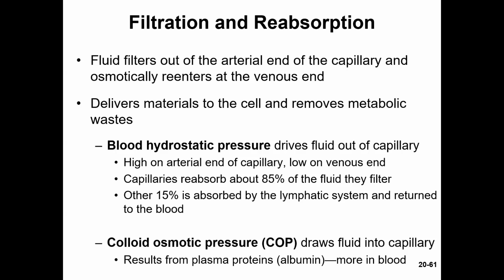Capillaries reabsorb about 85% of the fluid they filter, and the other 15% is absorbed by the lymphatic system and returned to the blood. The colloid osmotic pressure, or COP, draws fluid into the capillary. This results from plasma proteins, albumin, in the blood.